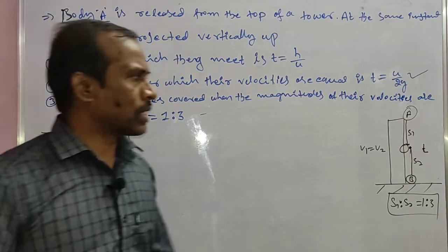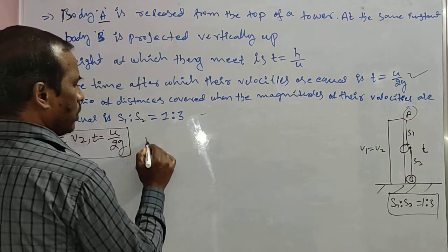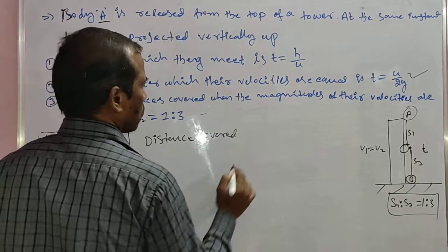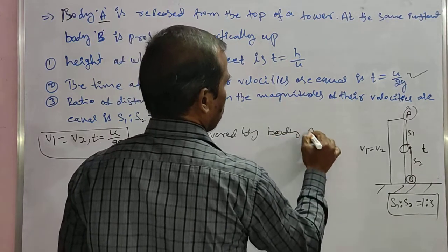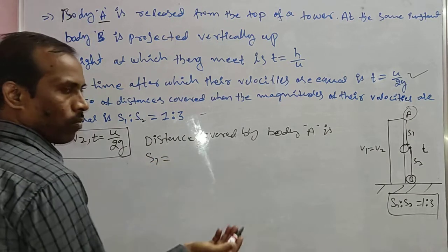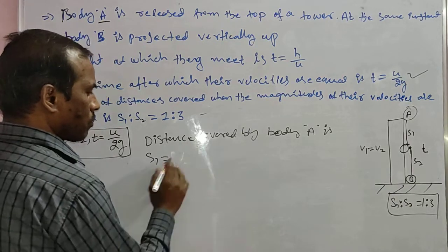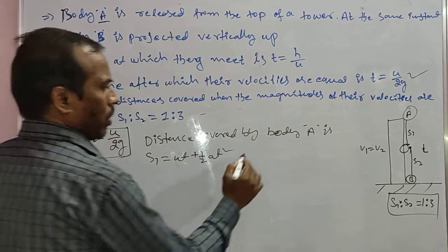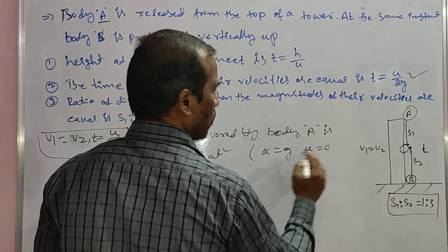Now the distance covered by body A is S1, with the formula S is equal to ut plus half at square. Here a is equal to g, and u is equal to 0.